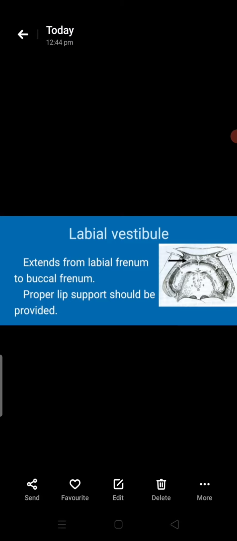Proper lip support should be provided in that area by the complete denture flange. The part of the complete denture which comes in the labial vestibule space is known as the labial flange, and this labial flange should support the lip.